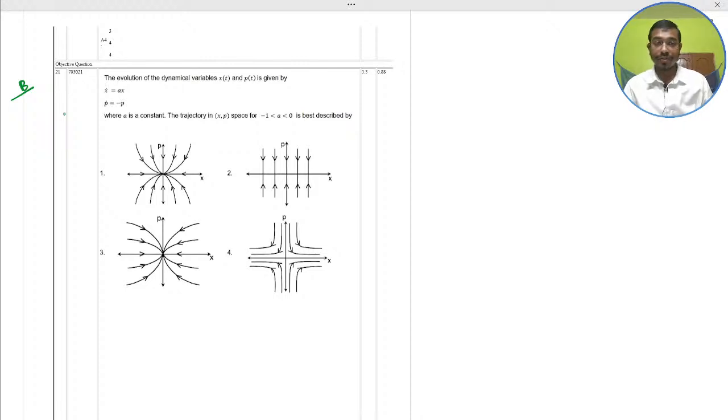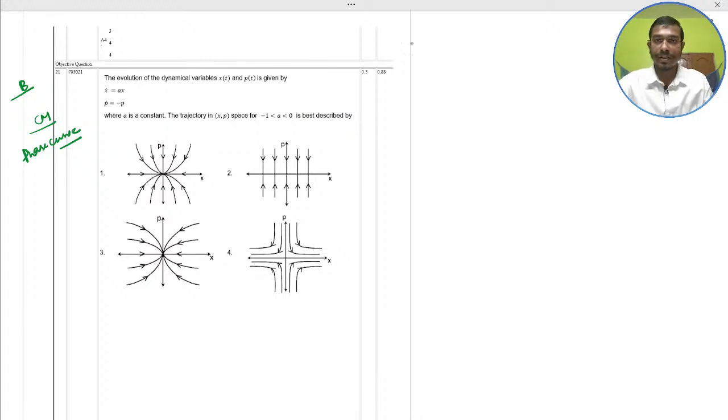And one thing is that this question is coming from classical mechanics. I just write classical mechanics and the topic phase curve. Okay, phase curve, classical mechanics.